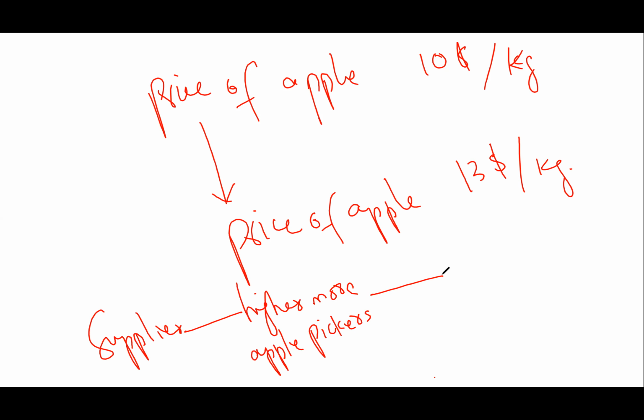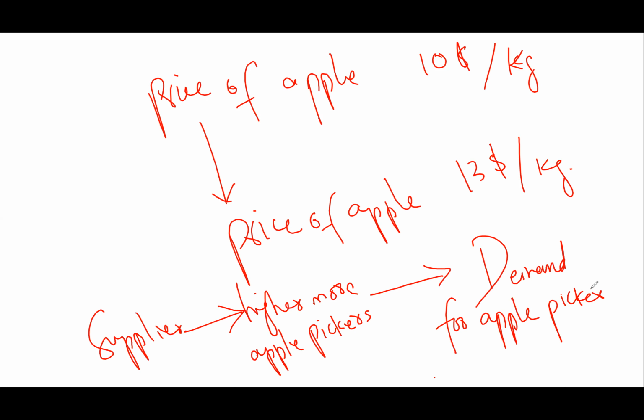So when they hire more apple pickers, what does it mean? The demand for apple pickers increases. That's why we say that the demand for a factor of production, or demand for apple pickers or labor, is a derived demand that depends on the price of the final product, right?